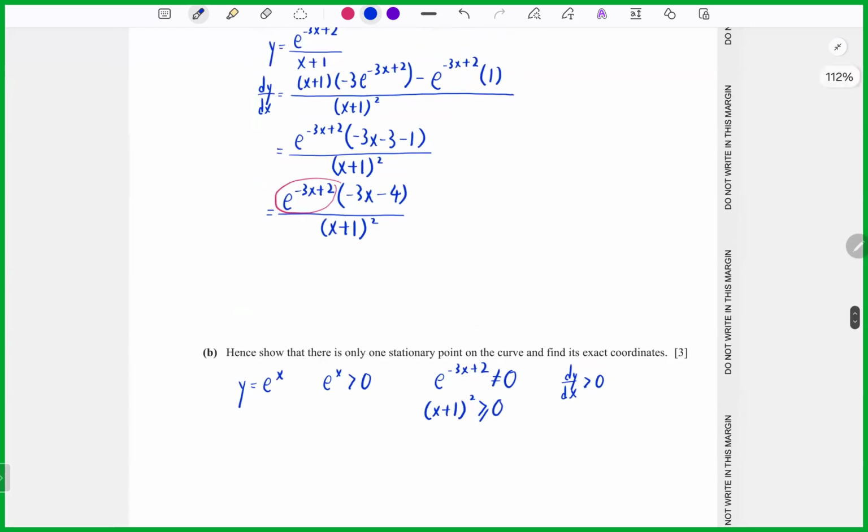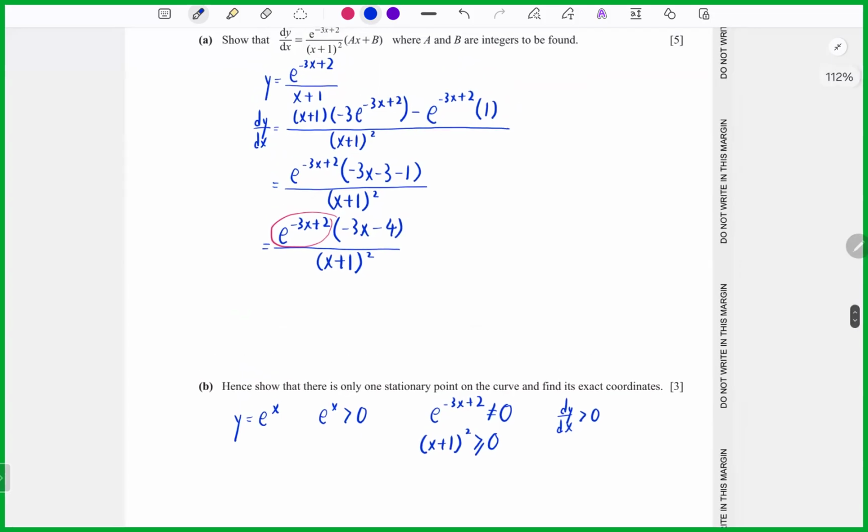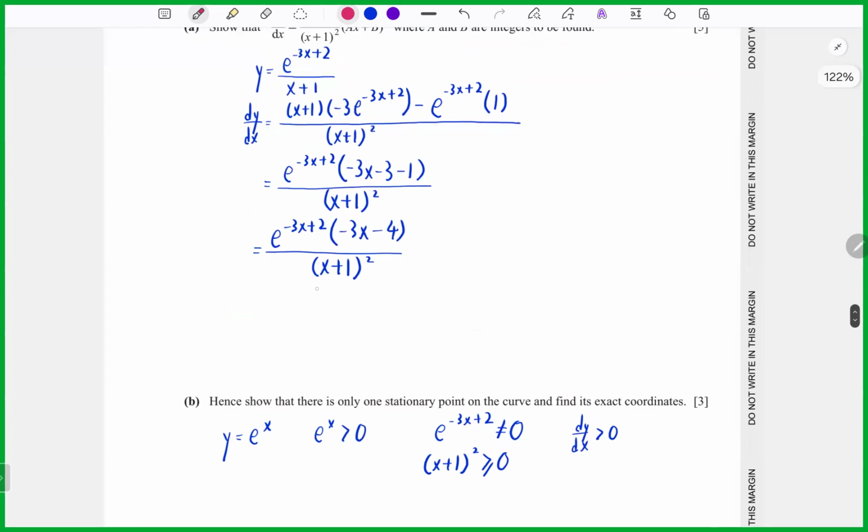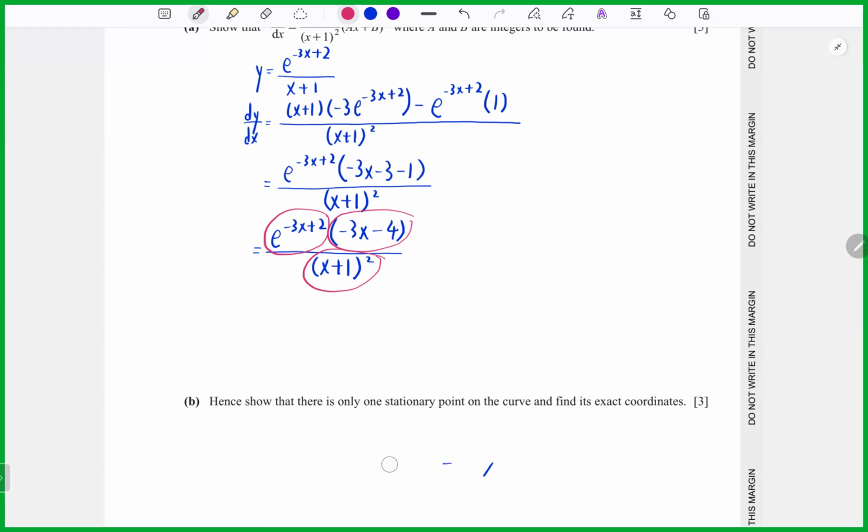So we can directly use this part. Never mind, I'll explain again. Because you see here it has three terms, right? One, two, three. Three terms here. I erase this part.